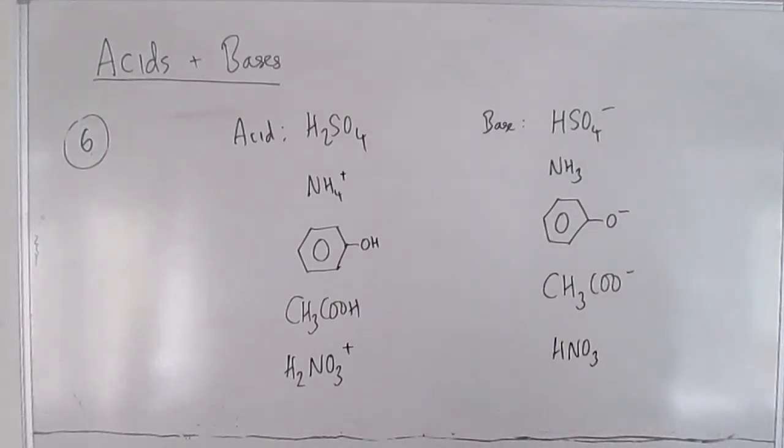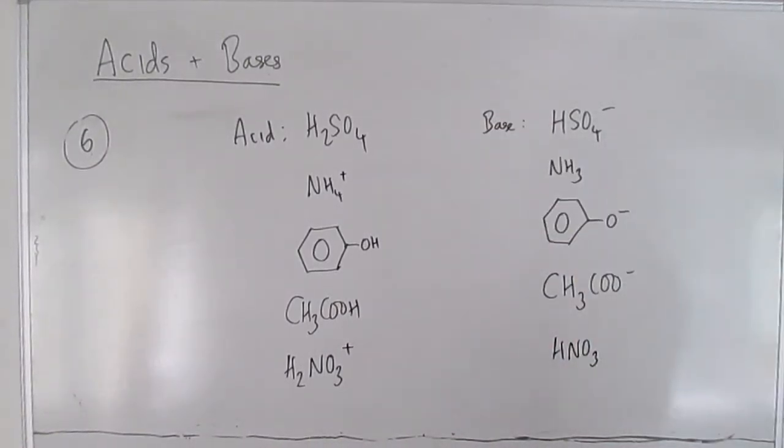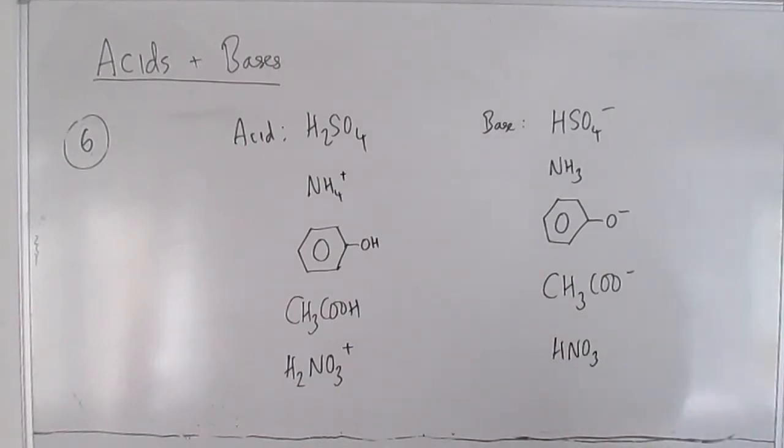So that seems straightforward enough, but it leads to something really weird, which is that nitric acid has appeared in the base column. And again, that makes the point that often species can act as either an acid or a base. It depends what they react with. So nitric acid normally gives an H+ ion away, and therefore we think of it as an acid, but there's no reason that it can't act as a base.